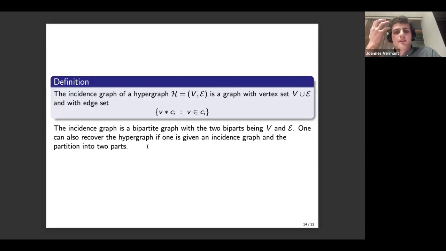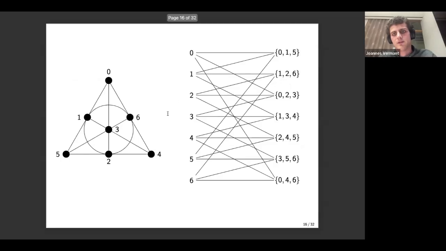And the incidence graph is a bipartite graph with the two parts being V and E. And one can also recover the hypergraph if one is given the incidence graph and the partition into V and E. So we can briefly look at this example here.